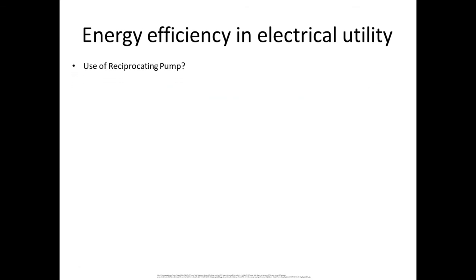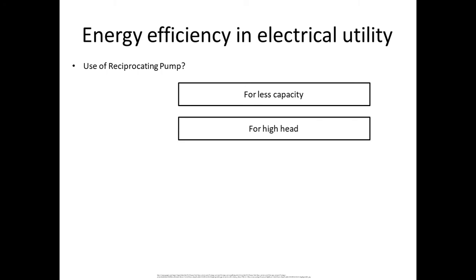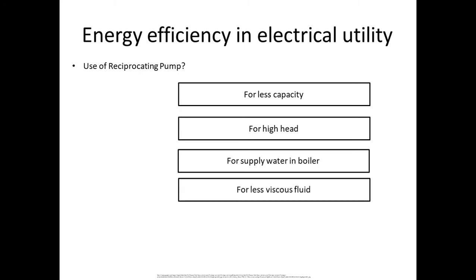Use of reciprocating pump. This pump is generally used for less capacity. Capacity here means discharge quantity, so it is for a less quantity of water, but it is used for high head, from very low height to very high height. For supplying water in a boiler, it is generally done with the help of a centrifugal pump, but somewhere we supply water in a boiler with a reciprocating pump.